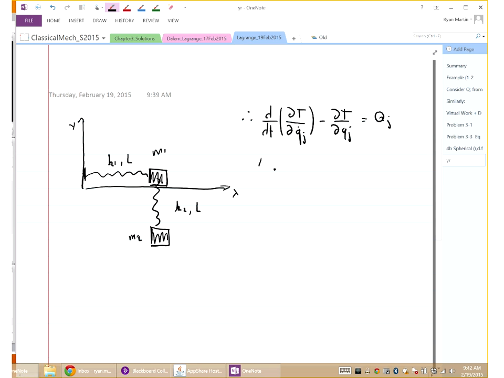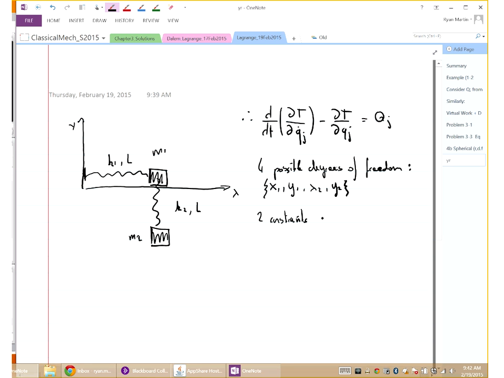So we need to identify the number of degrees of freedom. So there are 4 possible degrees of freedom. We have 2 masses that are constrained to be in the plane, and so those degrees of freedom would be x1 and y1, the x and y position of mass 1, and x2 and y2, the position of mass m2.